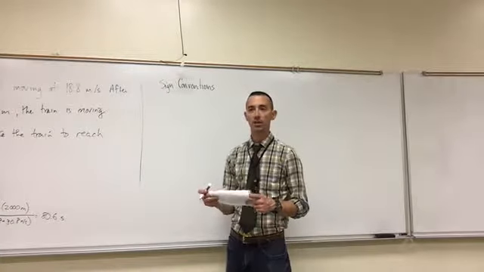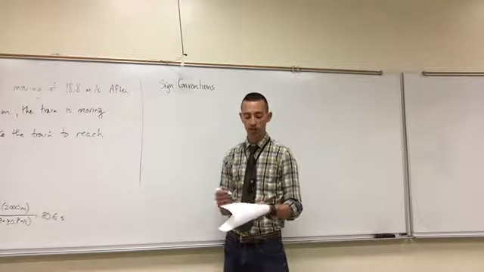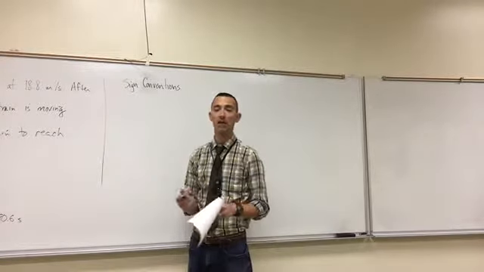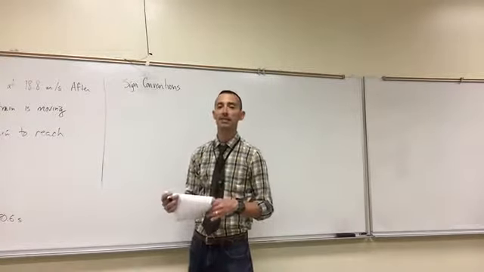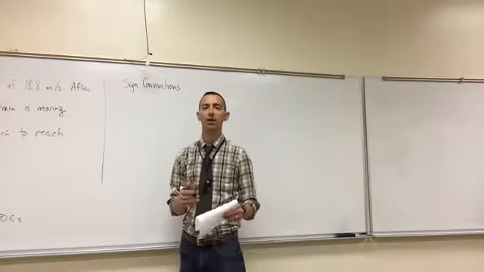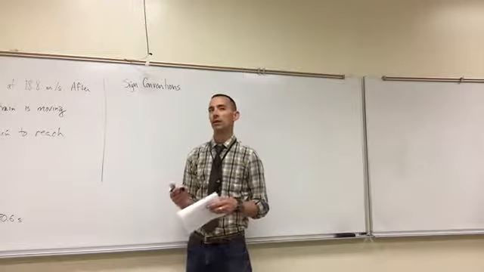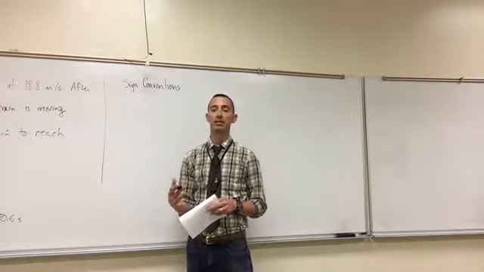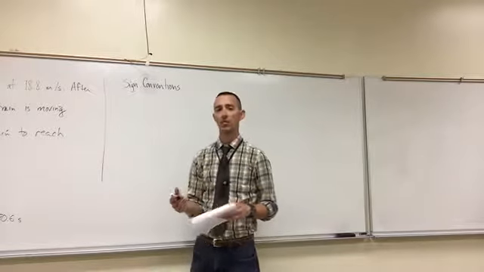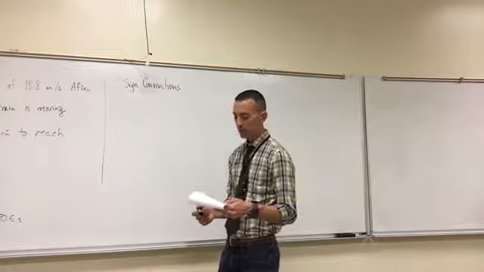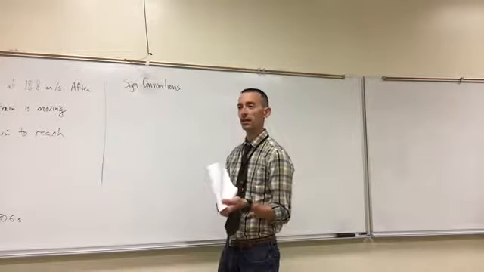And so this can lead to a confusing situation, because one time you might be doing a problem and you might think of up as being positive, but the next time it might make more sense for that to be negative. Or maybe more appropriately, moving to the right would be positive one time, and then moving to the left would be positive in another problem. So you can get a little bit off kilter.